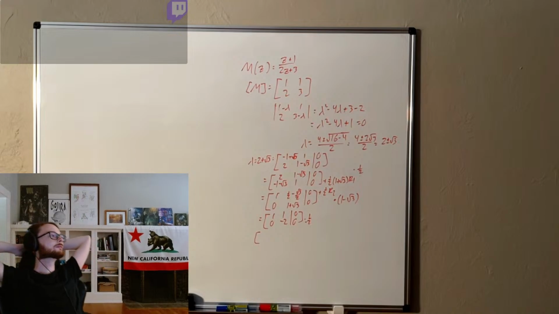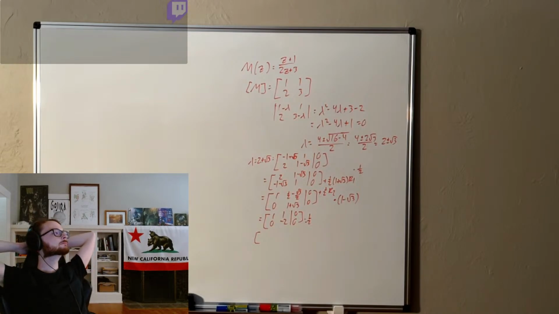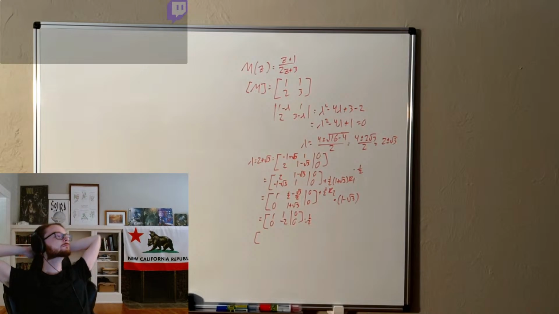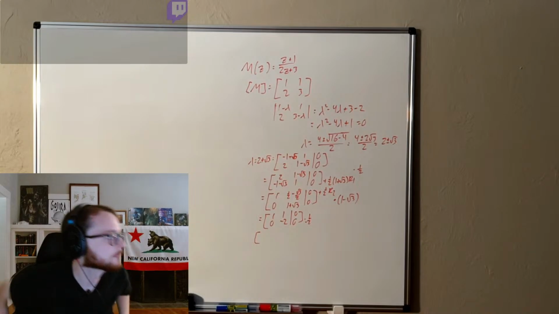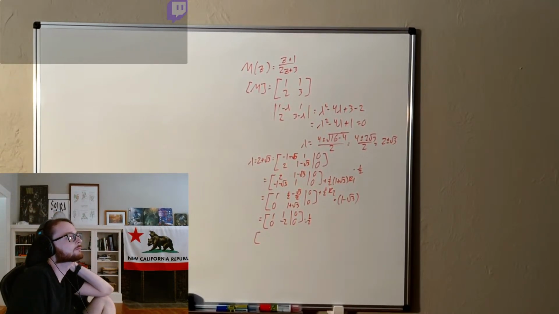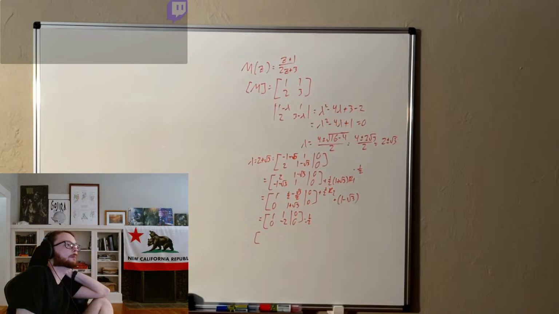No. I'm still doing something wrong, so I'm getting a single solution when I should be getting infinitely many. What am I saying? I'm expecting the bottom row to be 0.